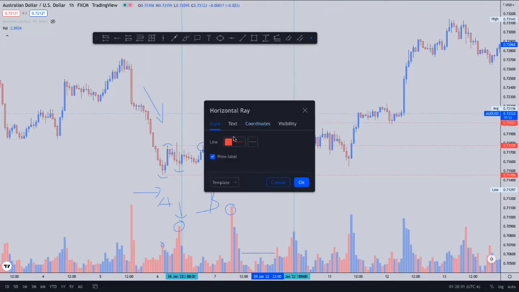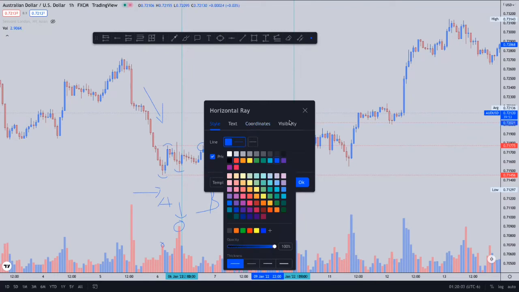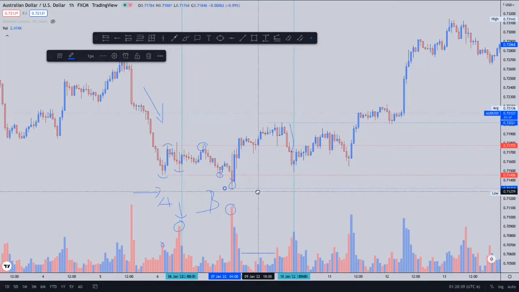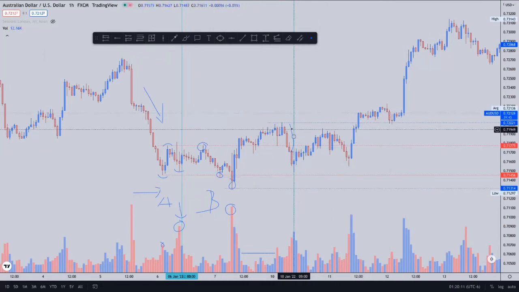I'm going to change the color. Here and right here. In phase B. So after we make that move up, again, volume is virtually non-existent on that move up, so we do not sustain any momentum past that high and come back into the trading range, right?